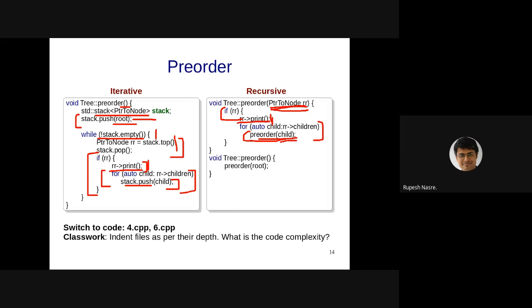Madhur says, aren't we just adding the nodes to the stack and also popping them and then printing them? Then it should only be 2n. That is another way of looking at it. Sure. If you think about it in the iterative manner, you will see that the amount of work being done can be nicely checked based on how many times a particular child is pushed to the stack.